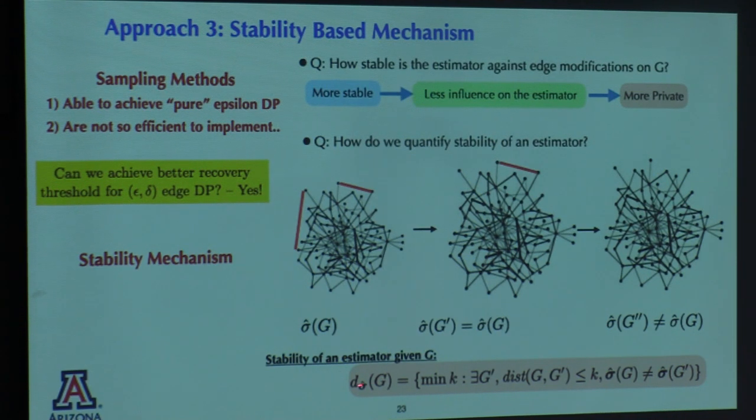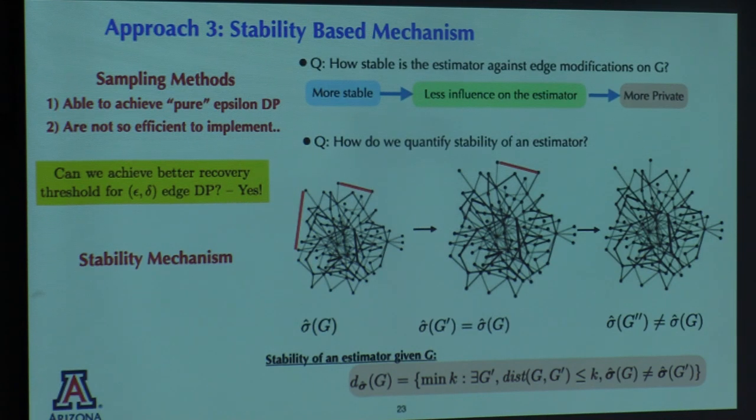This is what I call d of sigma hat, G. It's the minimum k such that there exists a G prime, where the distance between G and G prime is k, and the output when I apply the algorithm on G prime is not equal to the output on G. If d is large, it means I need to make more edits to change the output, so it's more stable.